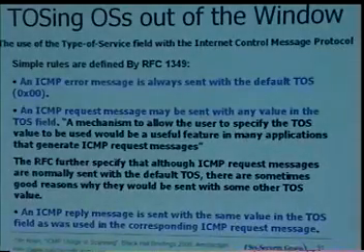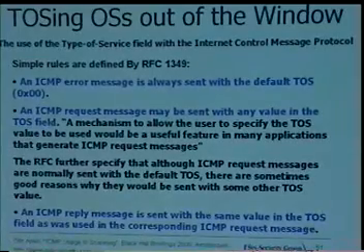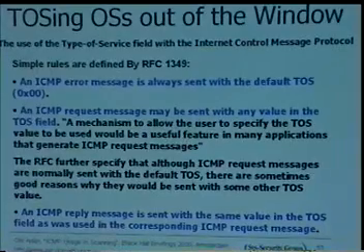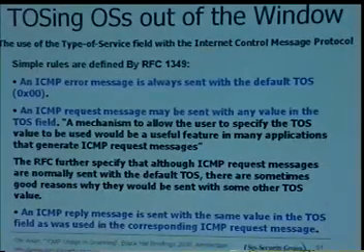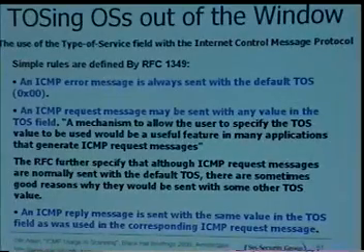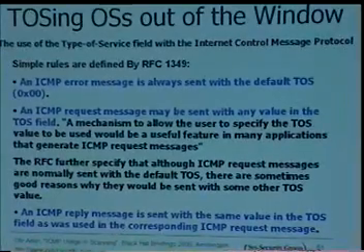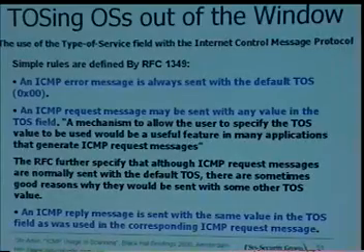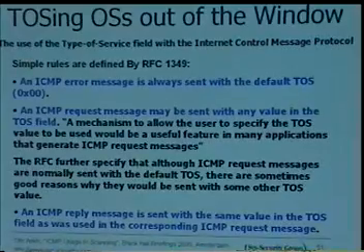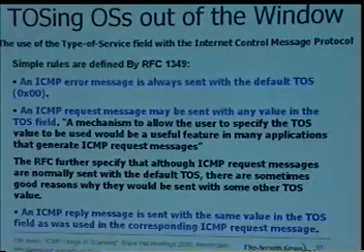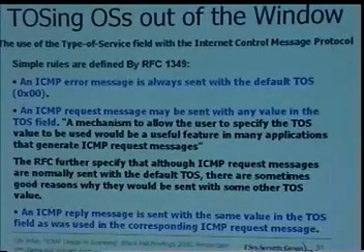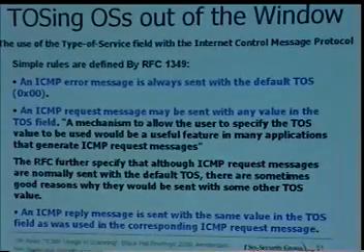Now, what are the rules for sending ICMP error messages with the TOS field? They are defined in RFC 1349, and they say an ICMP error message is always sent with the default TOS value of 0. An ICMP request message may be sent with any value in the TOS field, and the reply message for that one is sent with the same value in the TOS field that was used in the request.